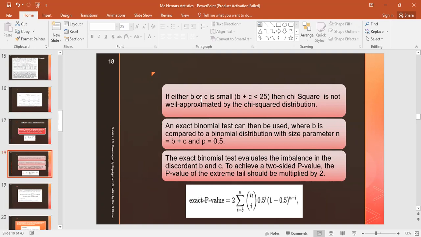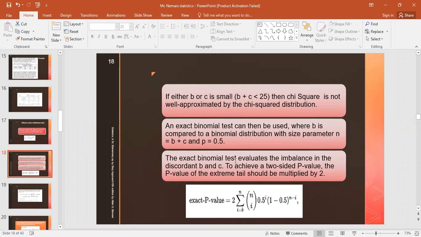If either B or C is small, with B plus C less than 25, then the chi-square is not well approximated by the chi-square distribution, which is normally used for assessing the McNemar test value. An exact binomial test can be used if our sample size is less than 25, where B is compared to a binomial distribution with a size parameter.